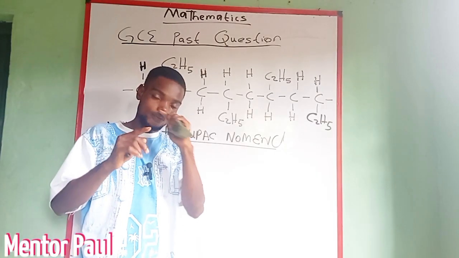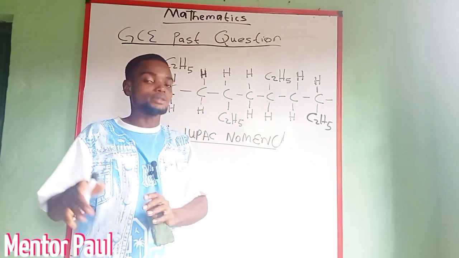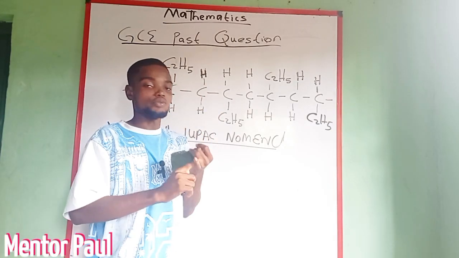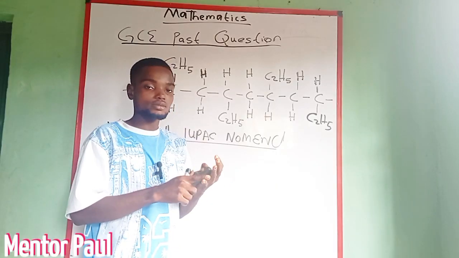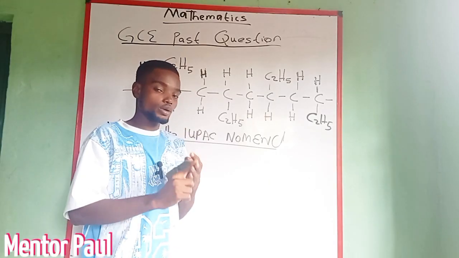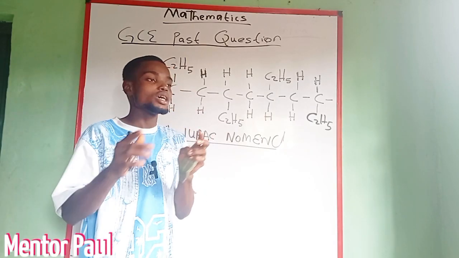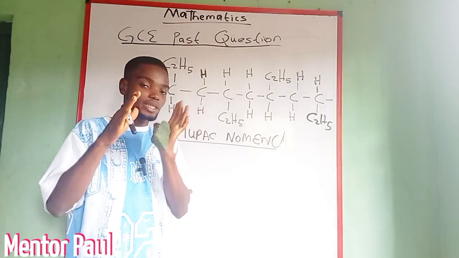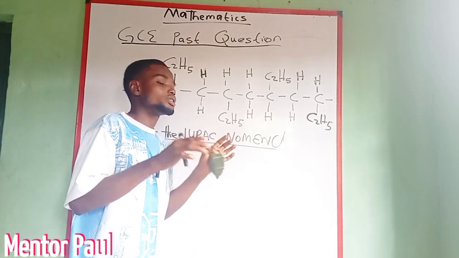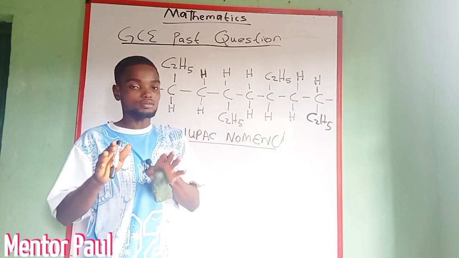So what is the name of 11 carbon atoms? The first one you know is what? Meth. Second one you know is what? Eth. Third one, prop, but, and so on and so forth. But when we reach 10, 10 carbon is known as what? Dec-ane.